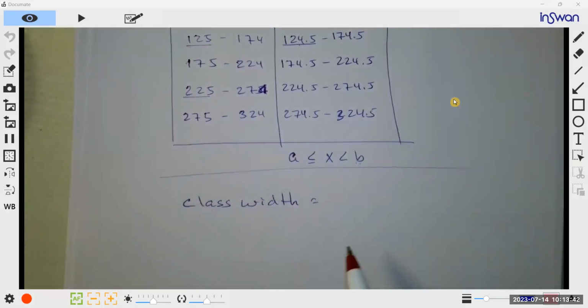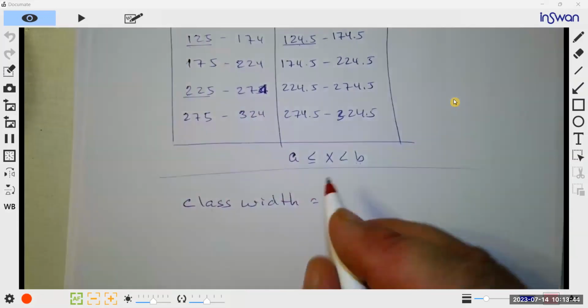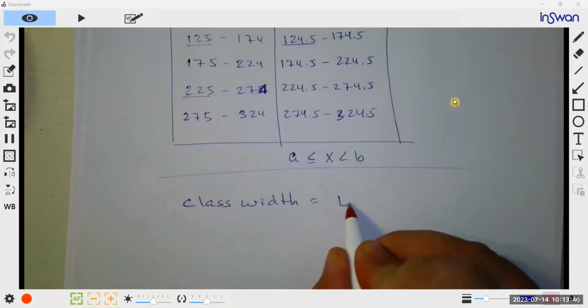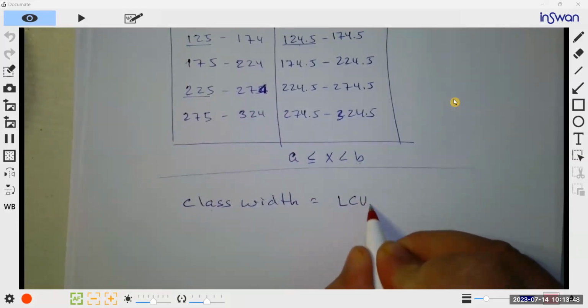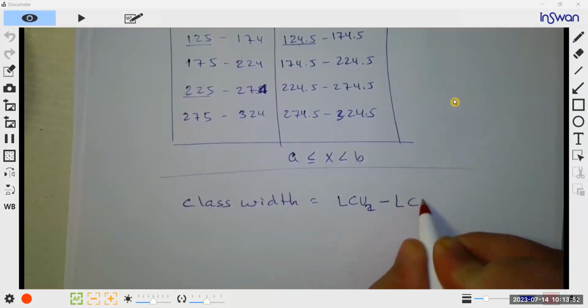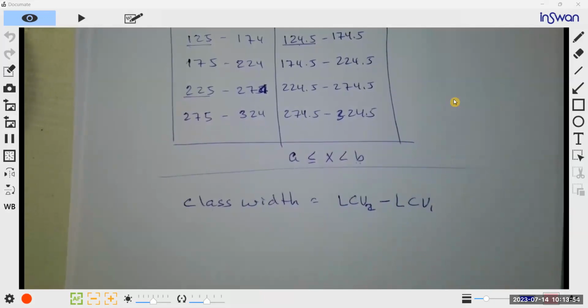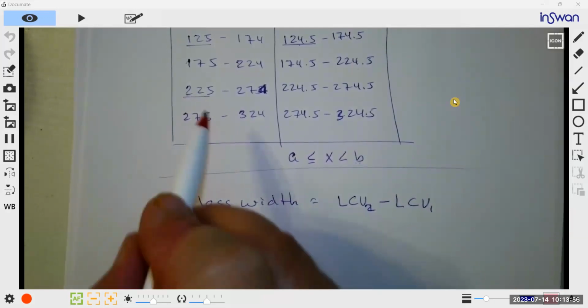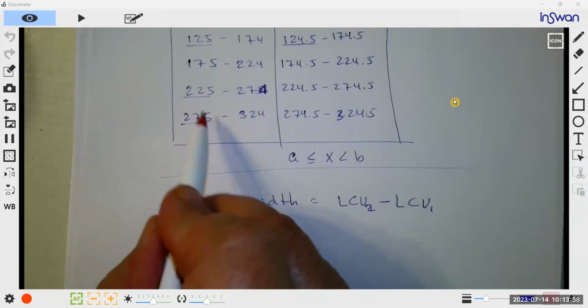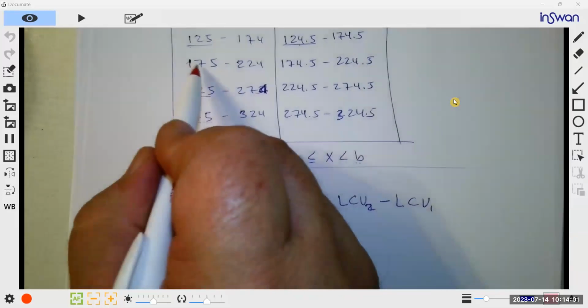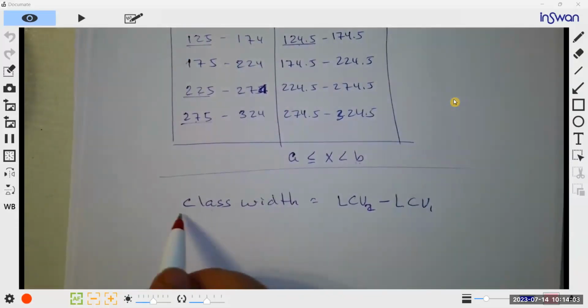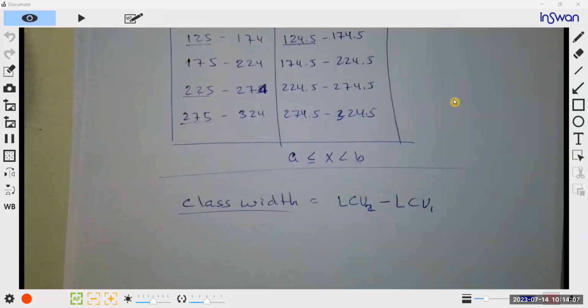So take any two lower endpoints, lower class value 2 minus lower class value 1. That tells me the class width, and they should all be the same size for equal distribution.